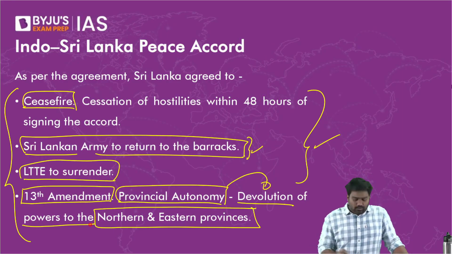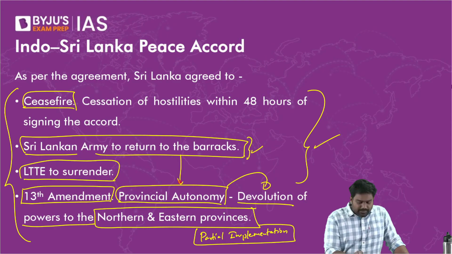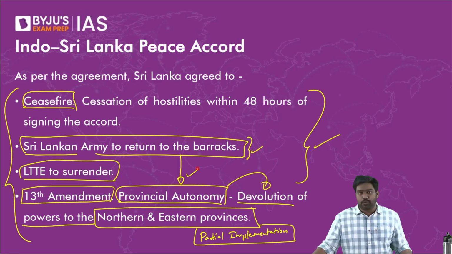But Sri Lanka only provided for a partial implementation of the 13th Amendment. And along with that, it refused to follow up on the other commitments. The LTTE in particular refused to surrender and continued the civil war.